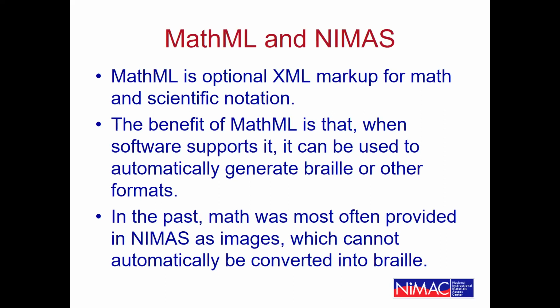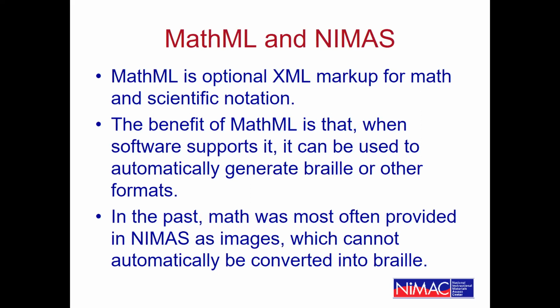Basically, MathML is not a requirement for NIMAS, but it is optional XML markup for math and scientific notation. Historically, in print textbooks, math is supplied as images. The equations are not provided in the text itself, but as images.